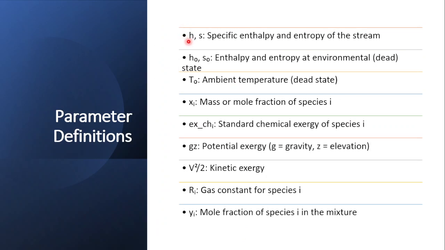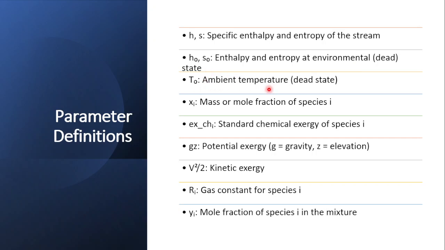For example, h is the specific enthalpy, s is the specific entropy of the stream, and h0 and s0 are the enthalpy and entropy at the environmental state or dead state.